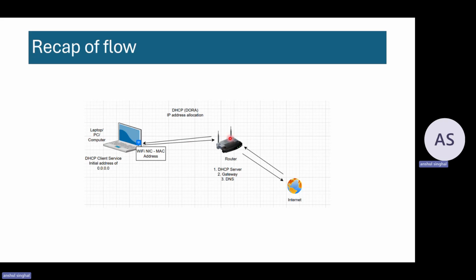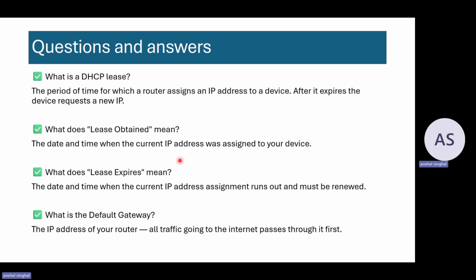Then whenever the router comes back saying, okay, this is the IP address which you can use for this much amount of time, that is what the dynamic IP address is. It means that a router is giving this laptop an option to use this IP address for a certain duration. That is what the lease stands for.